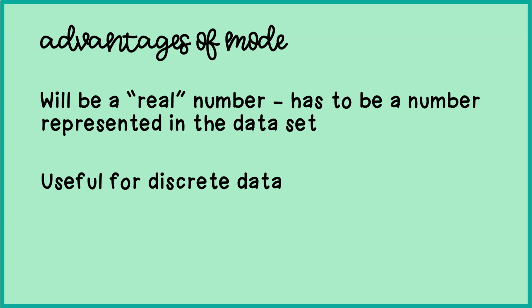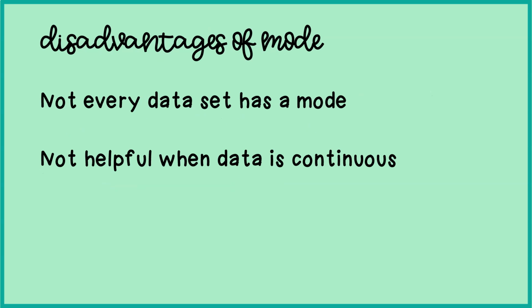It's useful for discrete data. However, not every data set has a mode, and it's not helpful when data is continuous. If I'm taking weights of 100 people, it's not very likely that 2 people would have the exact same weight, especially if we're measuring out to the 10th or 100th place value. So that wouldn't really be helpful at all if I'm talking about continuous data.